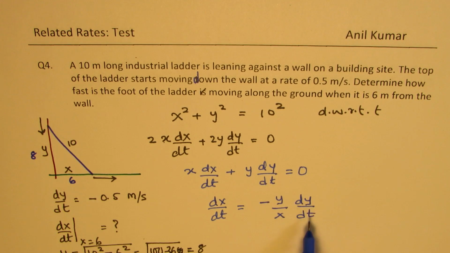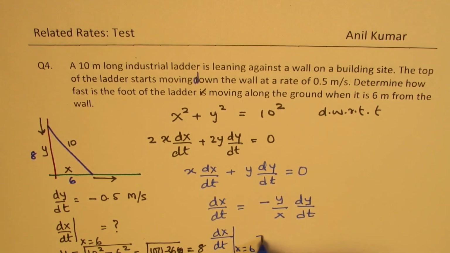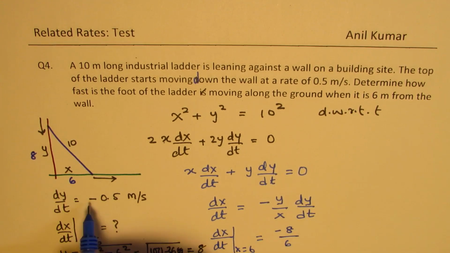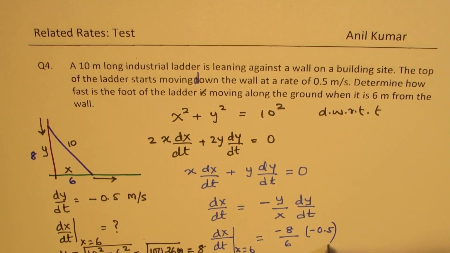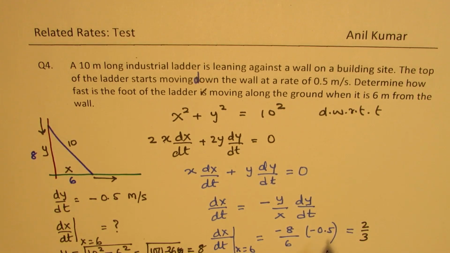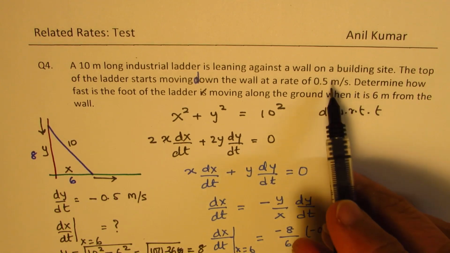We know x, y, and dy/dt, so we can find dx/dt where x is equal to 6. The y value is 8, the x value is 6, dy/dt is minus 0.5 or half. So half of 8 is 4, and 4 divided by 6 is 2 over 3, positive sign, and the units are meters per second.